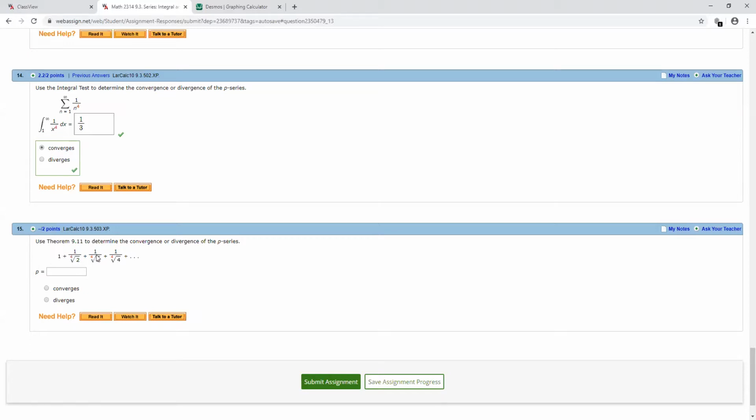Yeah? So let's do number 15, well, since it's so short. This right here is when n equals 1. Maybe I'll write it on my paper, okay?